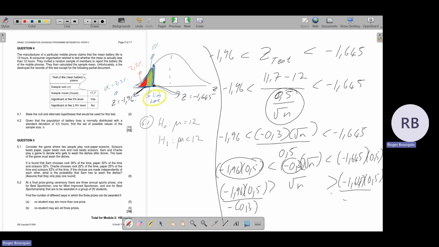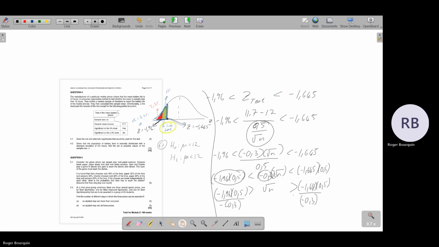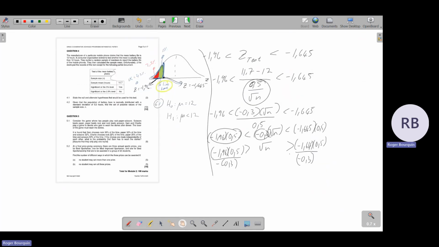The final answer should be root n between... so n is greater than 7.52 and less than 10.67, but they told you n has to be an integer.